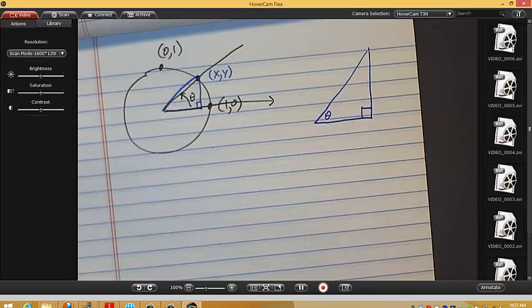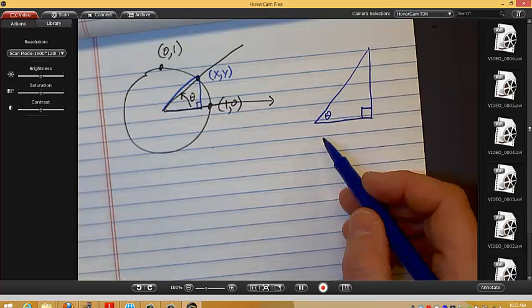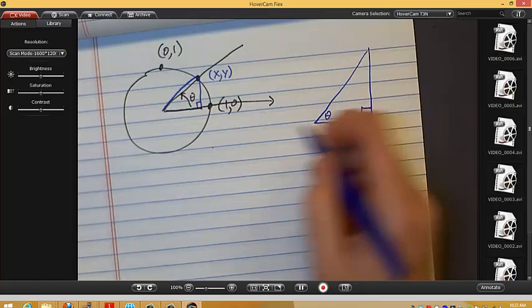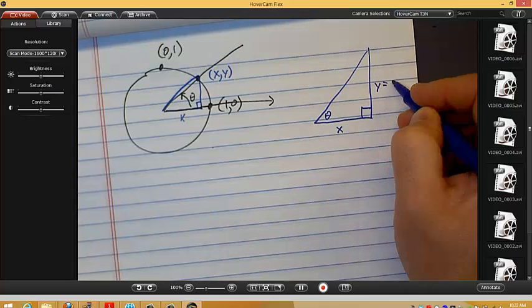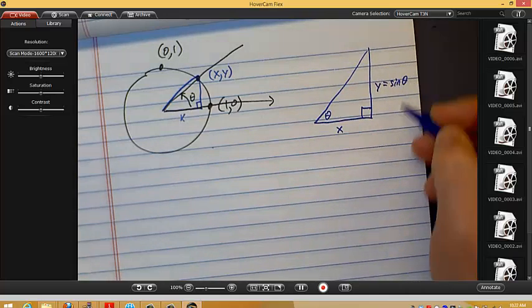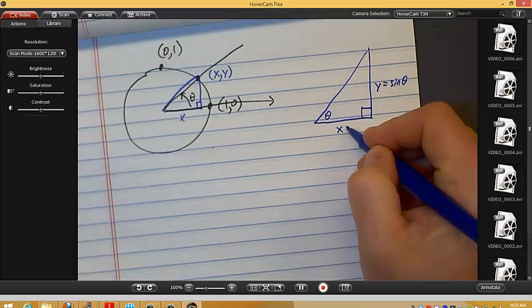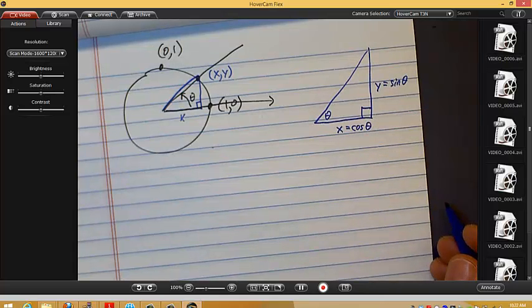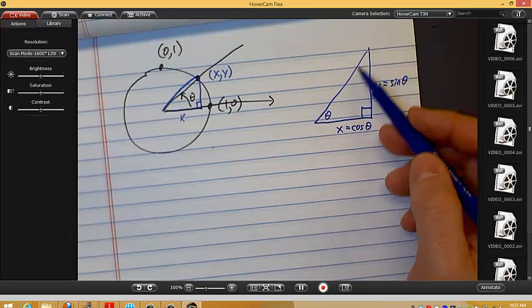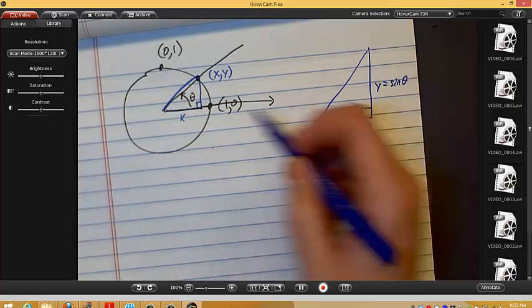Do we know any of the sides of the triangle? Well, we do, because this is x, the x coordinate, and this is y. But you told me that y is the sine of theta, and that x is the cosine of theta, right? Do I know the third side? That's 1, because we said this is a unit circle.